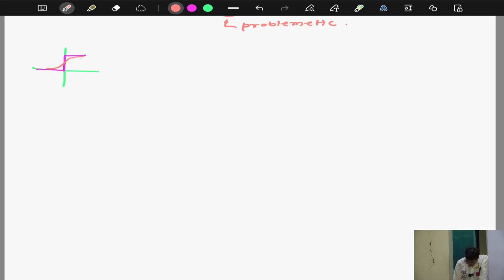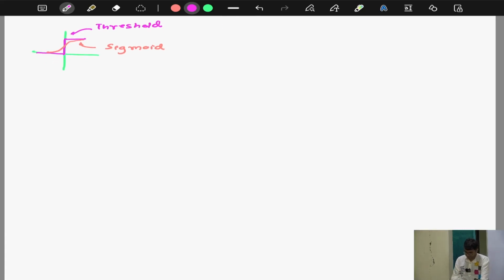This is my sigmoid, and this is my threshold. And what is the formula for sigmoid? Sigma of z is equal to 1 by 1 plus exponential of minus z. This is my sigmoid function.